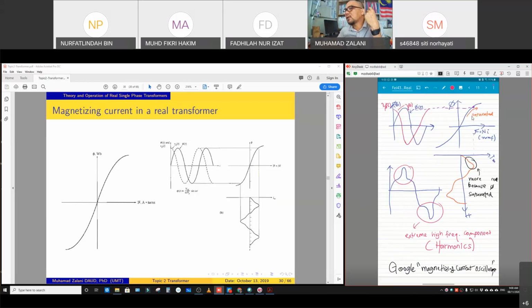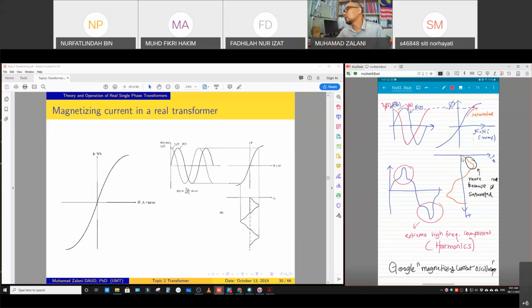Because of this saturated part of the curve, we have to supply more current. If we plot this current, which is a bit rotated, we want to make sure the current axis is horizontal, the same as the current axis of this one.